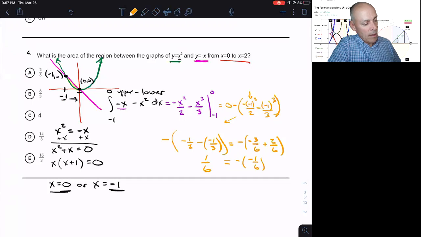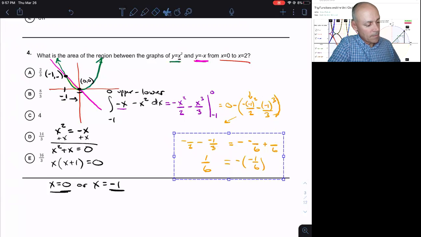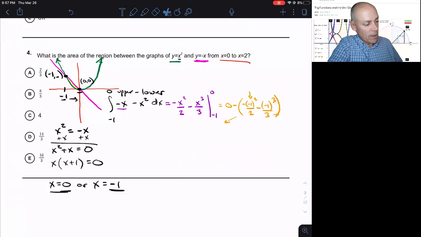Brought over our lower and upper bound, plugged in our upper bound, gave us 0, minus our lower bound, plug that in. We have negative 1 squared over 2, minus negative 1 cubed over 3. Okay, I'm going to just do from that part. Pretty sure we're good on that.